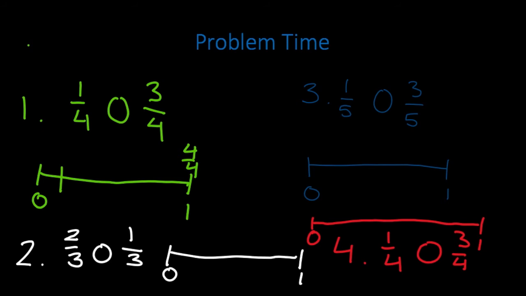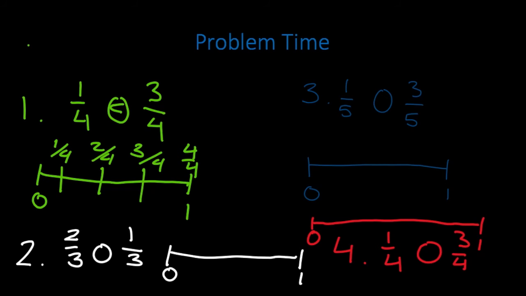So this is 1, 2, 3, and then our total 4/4. So 1/4 would be right here. 1, 2/4, 3/4, and 4/4. So 3/4 would be bigger because it's closer to the total, and we already know that the numerator 3 is bigger than the numerator 1. So 3/4 would be bigger.